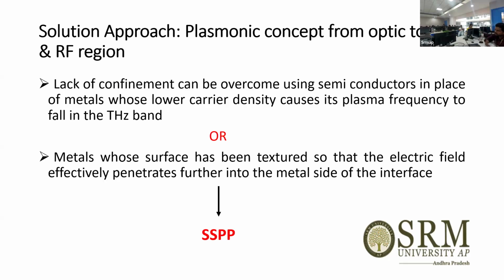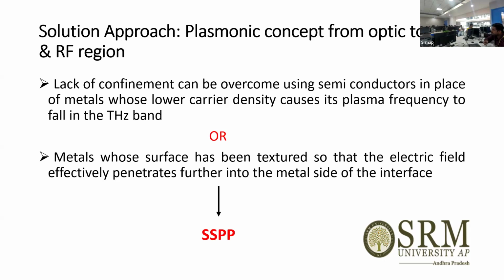That can be done in two ways. First, the lack of confinement of surface plasmon polaritons in the lower frequency range can be overcome by placing semiconductors in place of metals, and we can reproduce the characteristics at the lower frequency range. Or there is one other alternative, that is spoof surface plasmon polaritons.